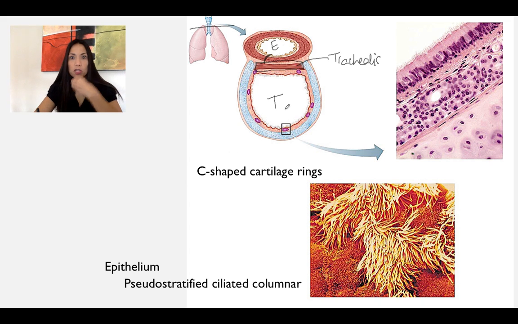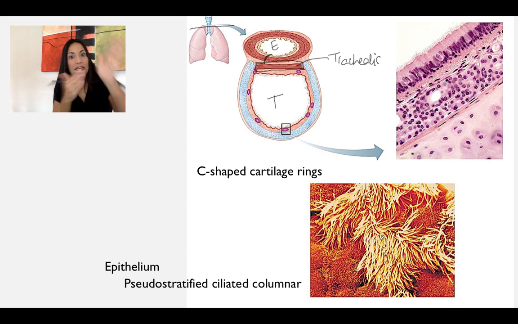Right here we can see the lumen, which is the inner space of the tube, it contains air. The lumen is lined by an epithelium. So what kind of epithelium do you think? It's the same pseudostratified ciliated columnar epithelium. Here is a cool picture where you can see the cilia. And remember, cilia move in one direction, and it's a synchronized movement, to sweep all of the dust particles or any foreign particle that got to the trachea.